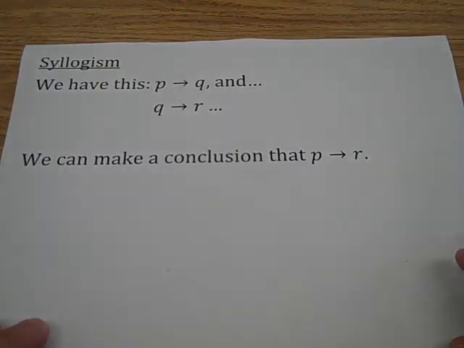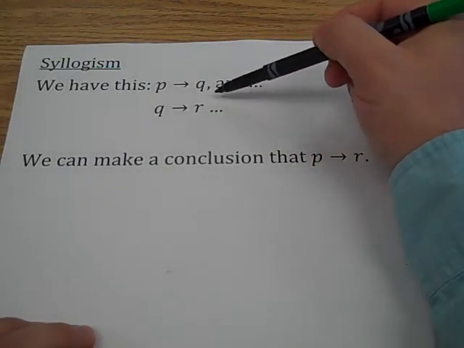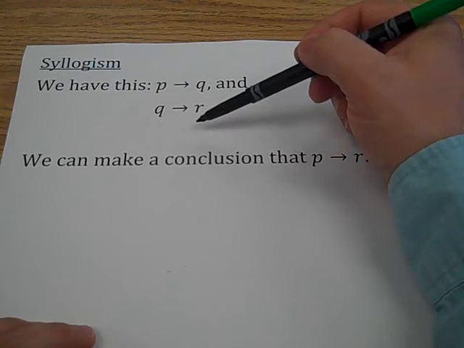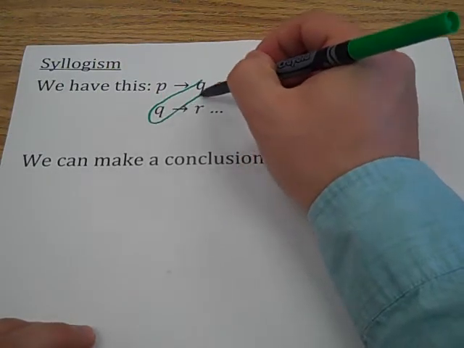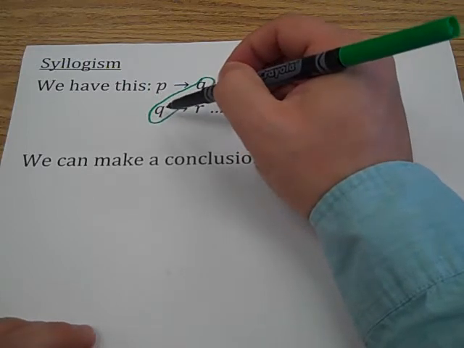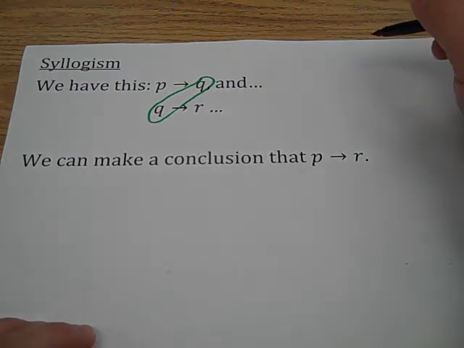The next law is the law of syllogism, and in this case we have two conditional statements: if P then Q, and if Q then R. Notice that the conclusion of the first conditional statement then becomes the hypothesis of the second conditional statement.